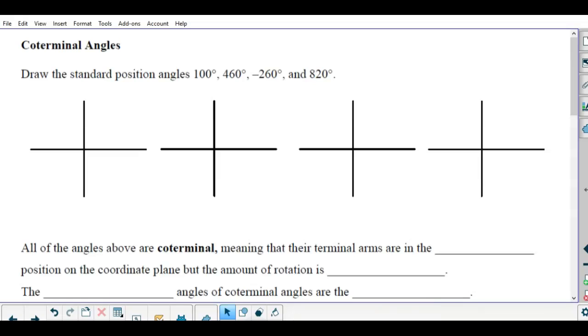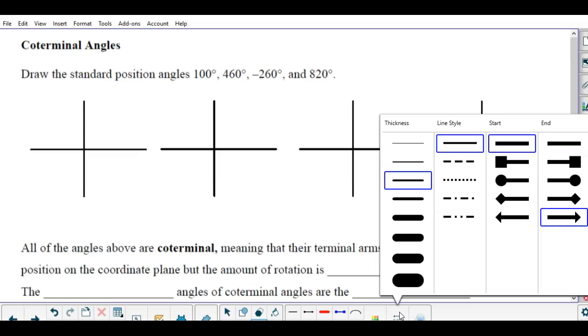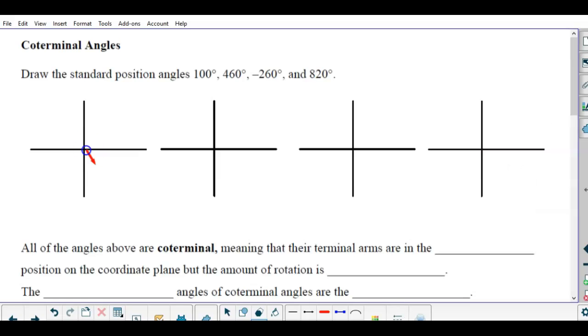Here's your initial arm, then 100 degrees is more than 90, probably about there, okay?